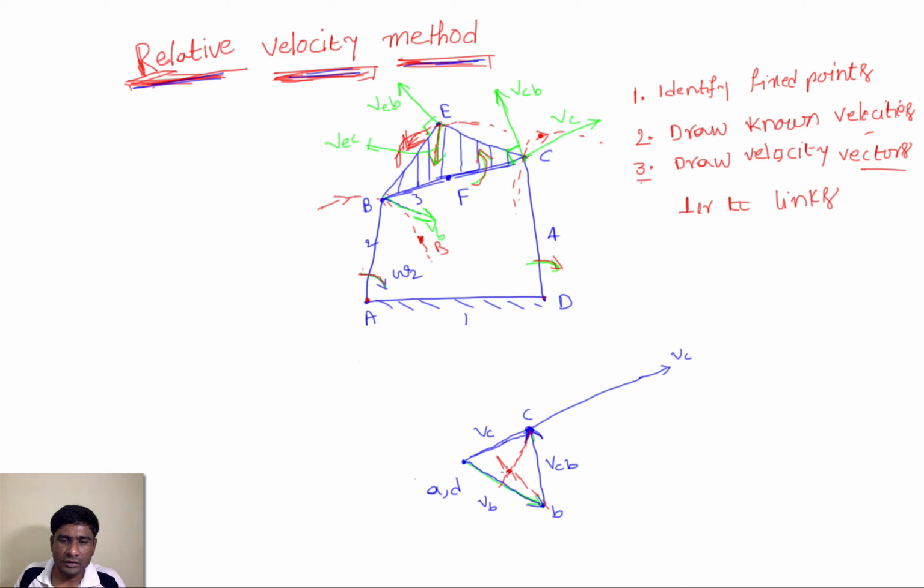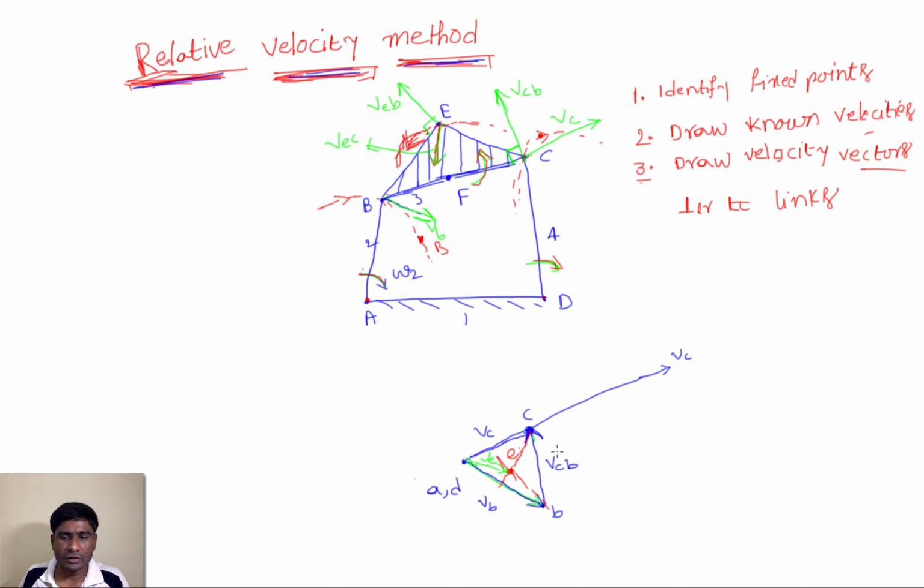So it intersects here. So this is the point E, and if I join this point with A, this is the velocity of the E, that means absolute velocity.